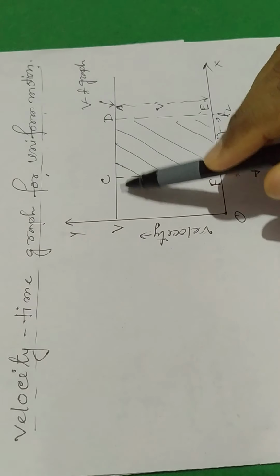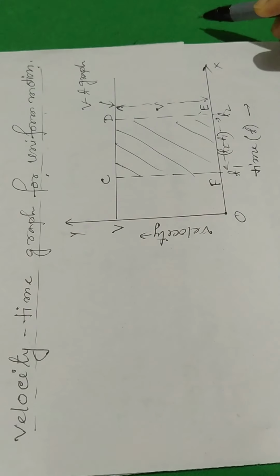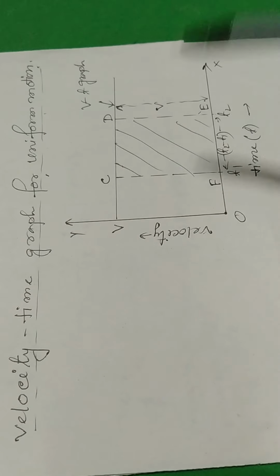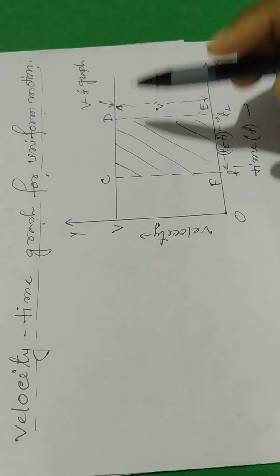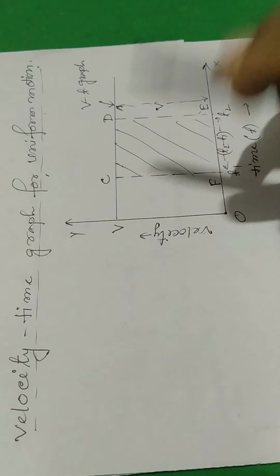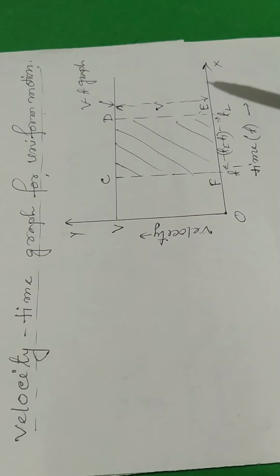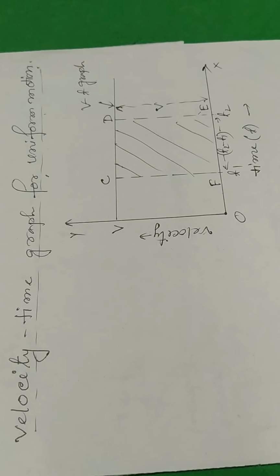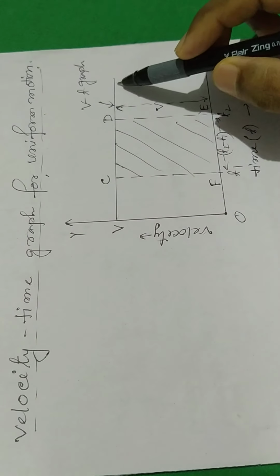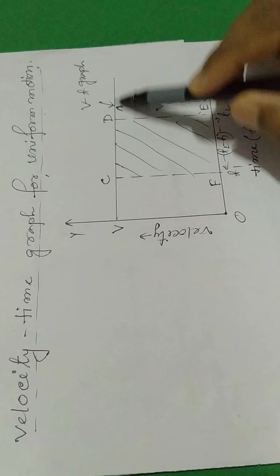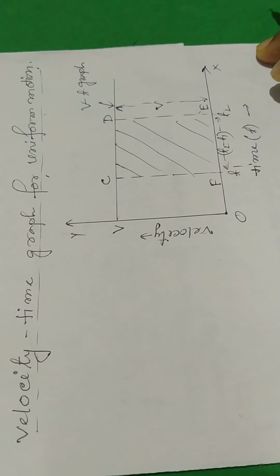So ultimately this graph is parallel to the time axis. For uniform motion, there is no slope; the graph is parallel to the time axis.